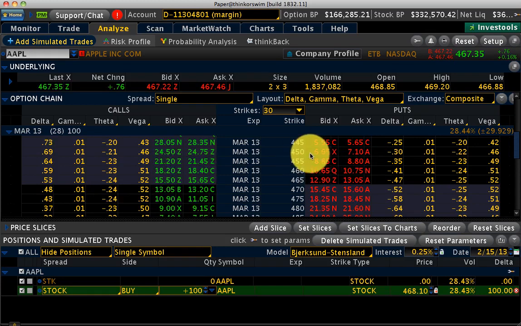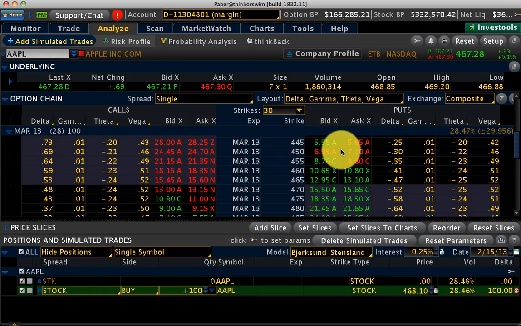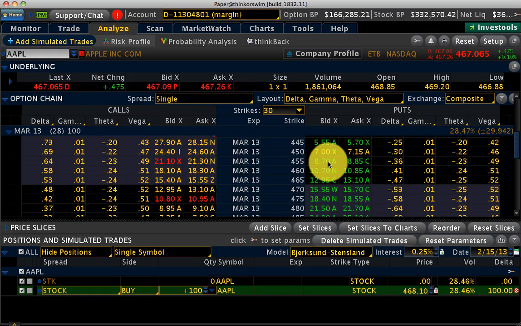So if you want to get protection around the 450 level, you should probably buy the 455 put because you're going to have to pay about $8. So after paying $8, you're going to have a hedge from 455 minus 8, which is about 448. So let's say that's the range where you want to start protecting your Apple position.